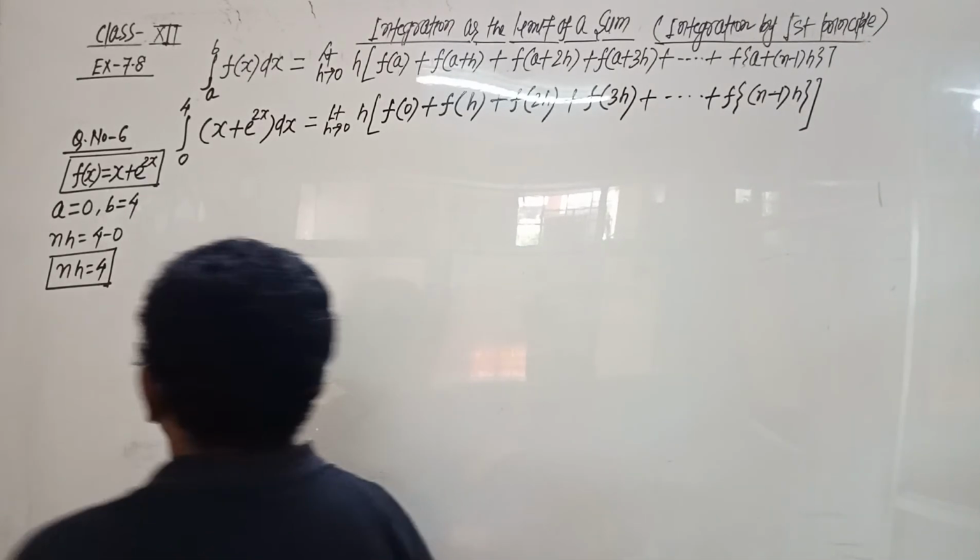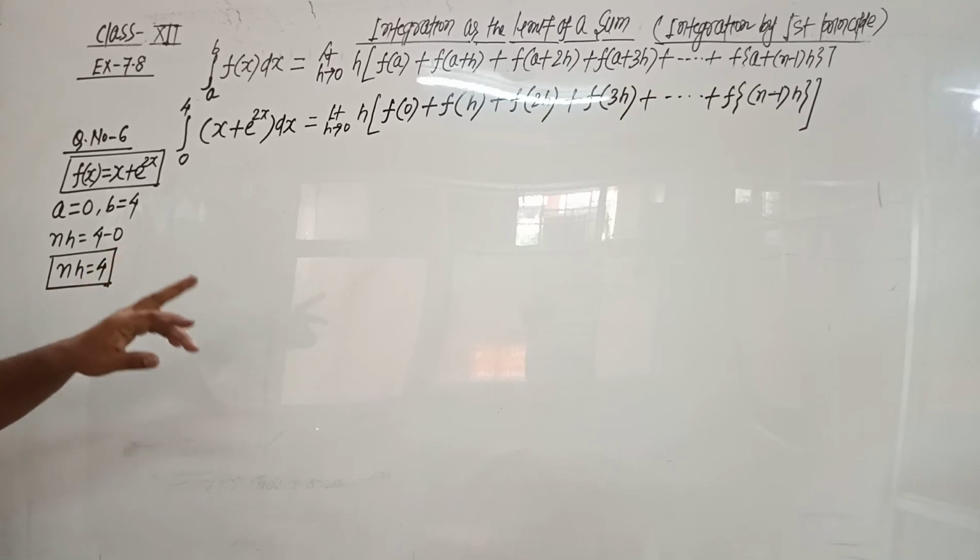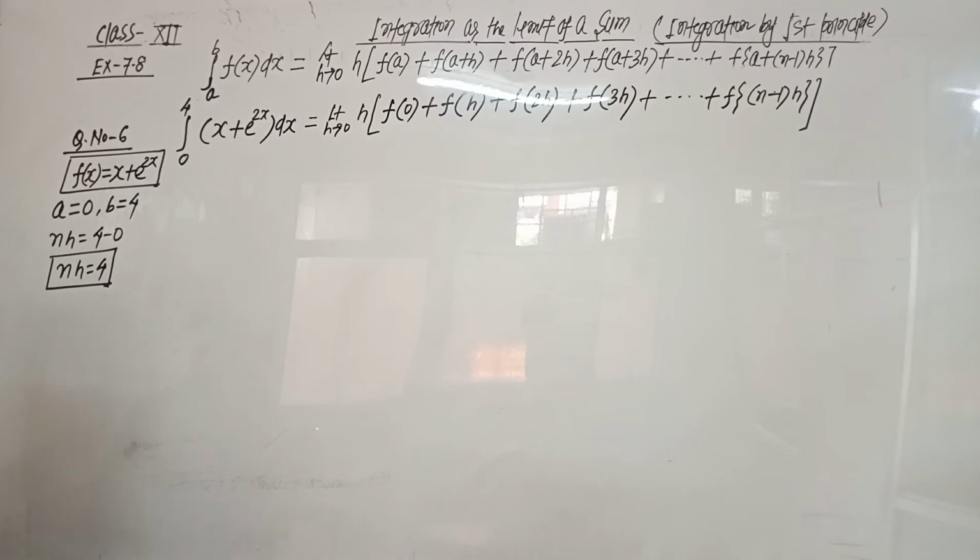Then we calculate all these values, f of 0, f of h, f of 2h, f of 3h, and f of (n minus 1)h, by putting the corresponding terms at the place of x.